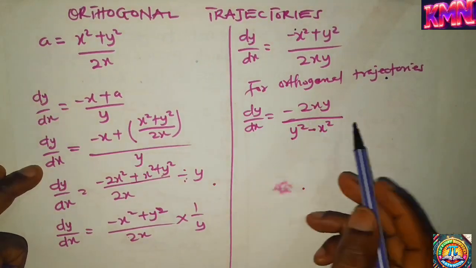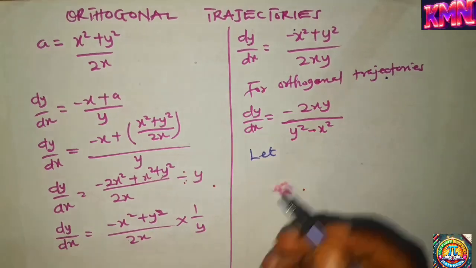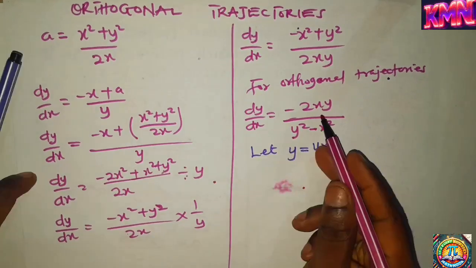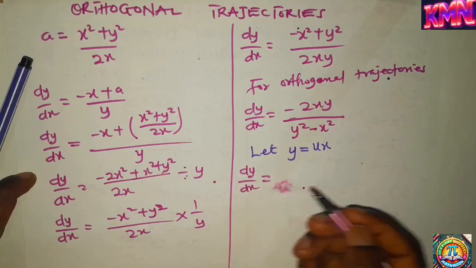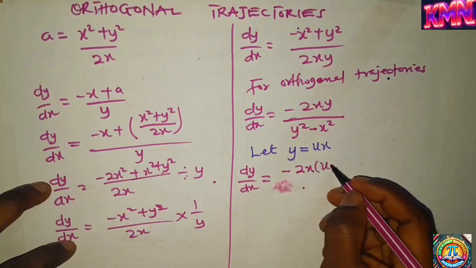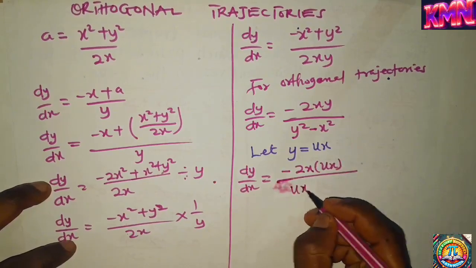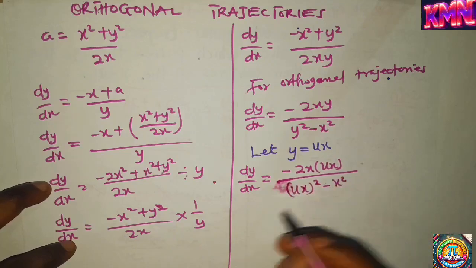Since it is homogeneous, we learned that we need to let y be ux. Let's substitute y into this, and now the dy/dx becomes negative 2x times ux on (ux) all squared minus x squared.